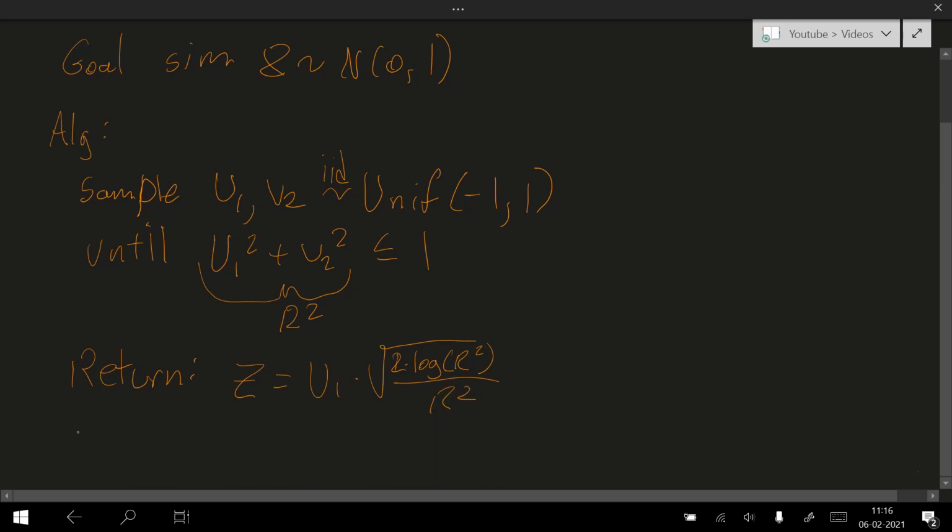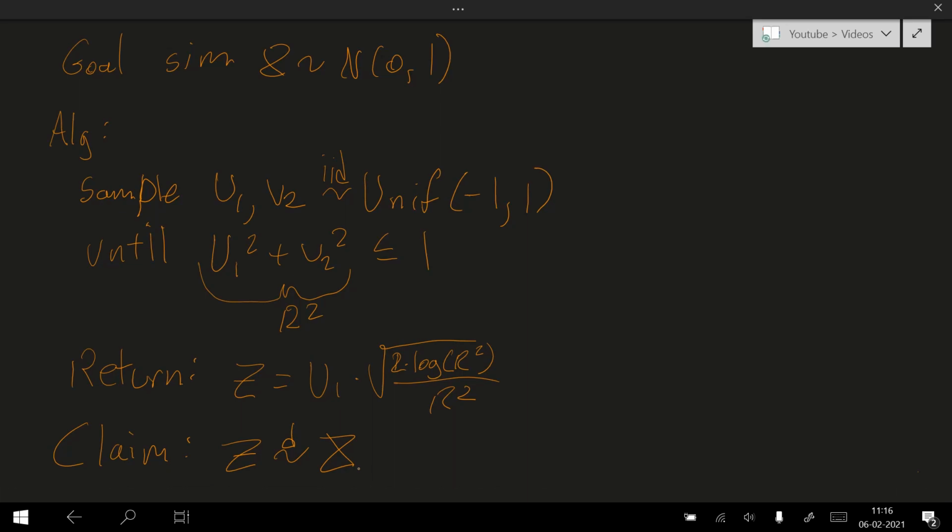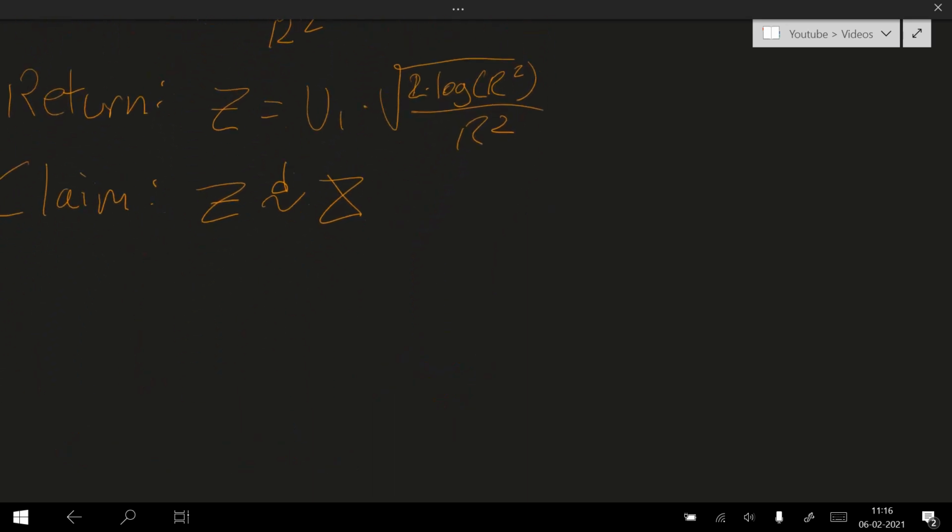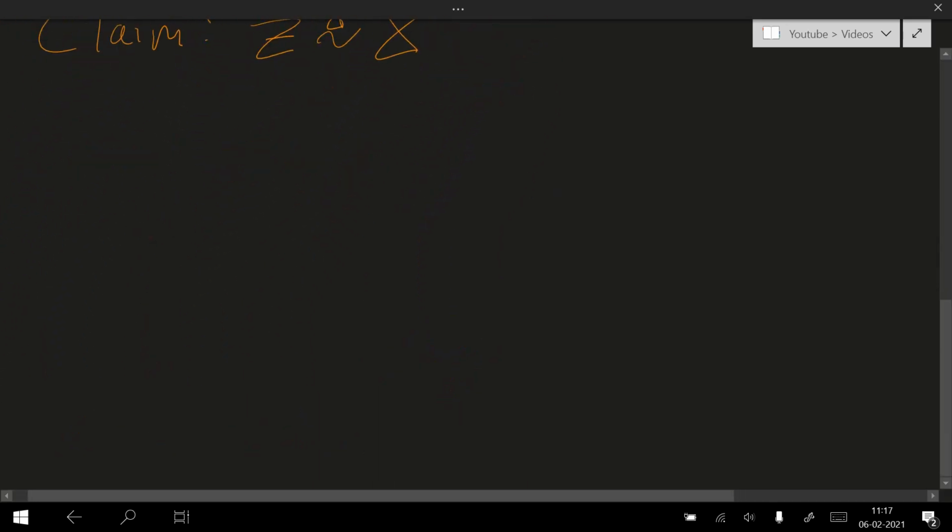Then my claim, and this is what I want to prove, is that Z has the same distribution as X. So Z should be standard normal distributed. This is far from clear, and this is going to be a long video because there's a lot of theory going into proving this. But in the end, I will go through a Python example where I show that it works in practice.